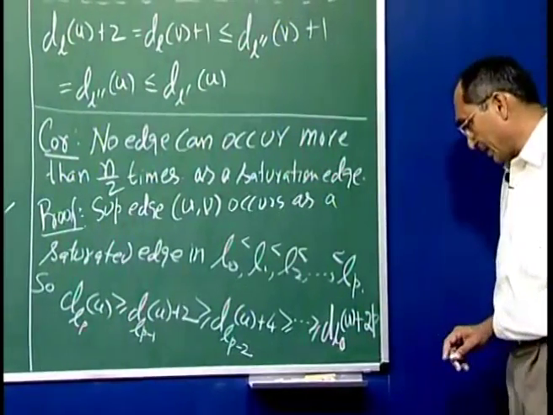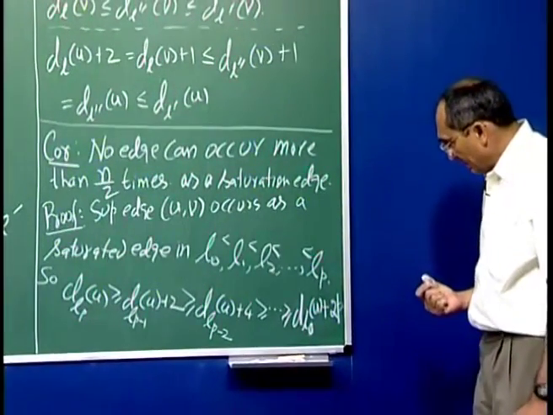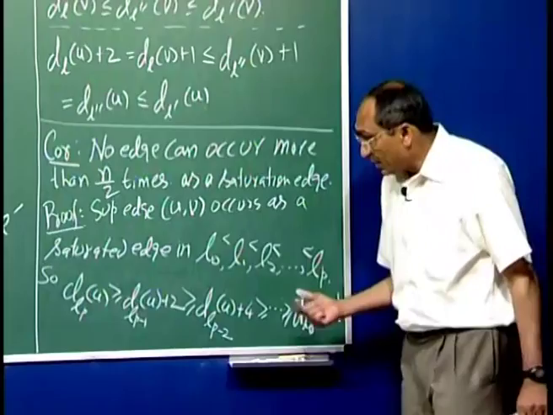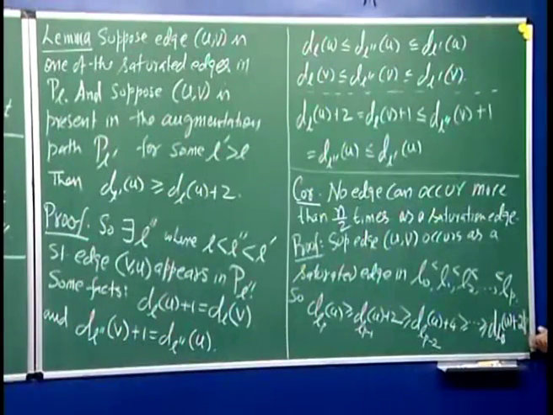Sorry. So what we notice is the shortest distance in GLP has to be at least 2p, maybe at least 2p plus 1 if it is not s, but at least 2p.